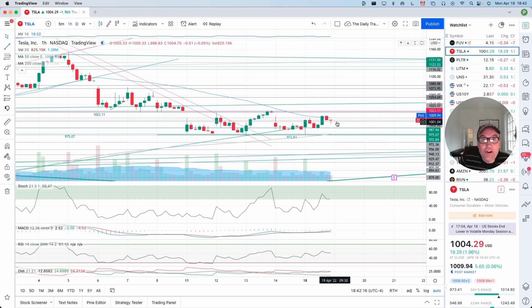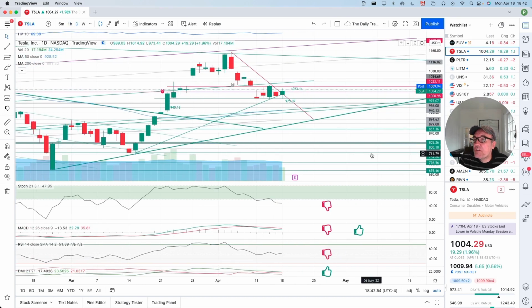We don't really care, but the fact is there's something that changed significantly, and then this is good enough for us to jump on the bandwagon. But the keyword here is significant change. So any move between 972 and 1023 is not significant. We need to have something below 972.84 or above 1023.11. That's what we do here.